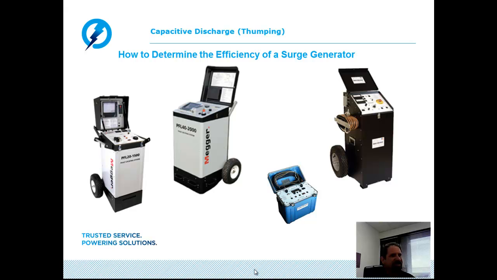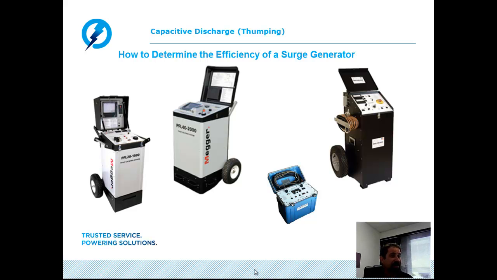If selecting a surge generator, you need to basically look at the cable type that you intend to be surging or thumping on. You need to be taking a look at the overall length of the cable. Since cables are very capacitive, the longer the cable run, the more capacitance you are being loaded down with your surge generator.